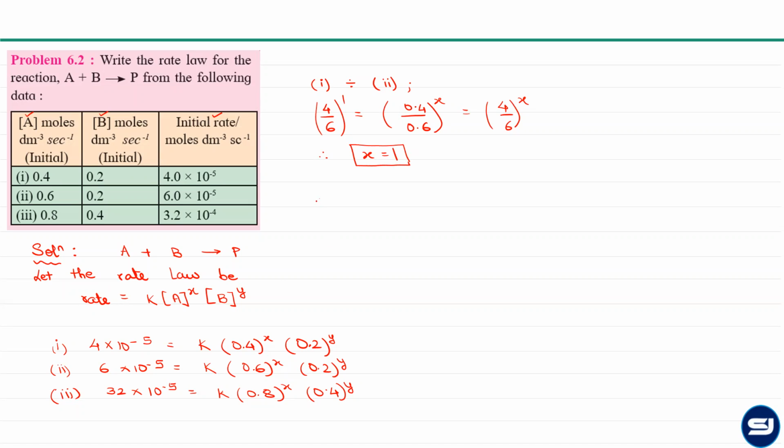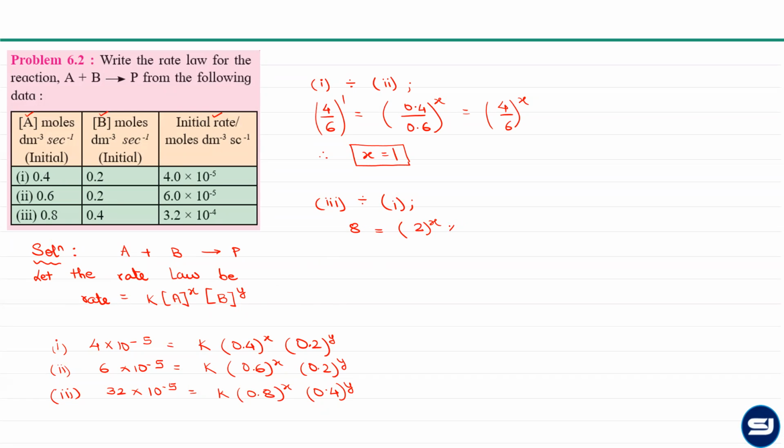Yes, sir. And similarly take any other two equations, x you have already got, so you can find out y. Like I take third and first, so third divided by first will give 32 divided by 4 as 8, equal to, k gets cancelled, and this 0.8 upon 0.4 will be 2. Can I write directly 2 raised to x? Yes, sir.